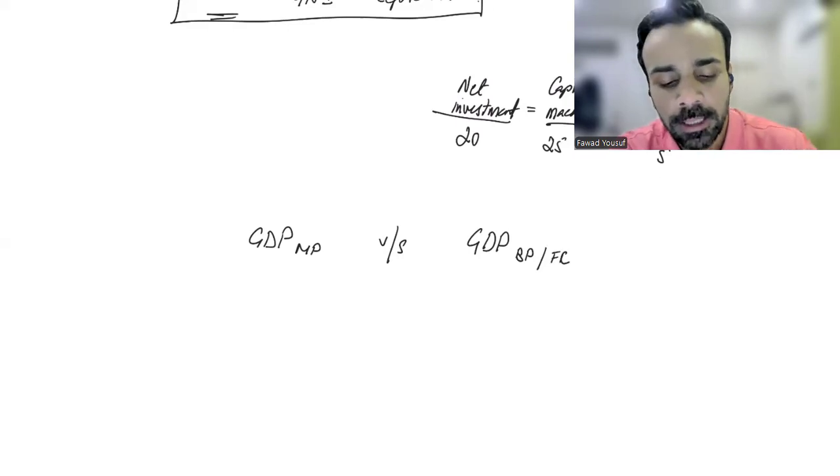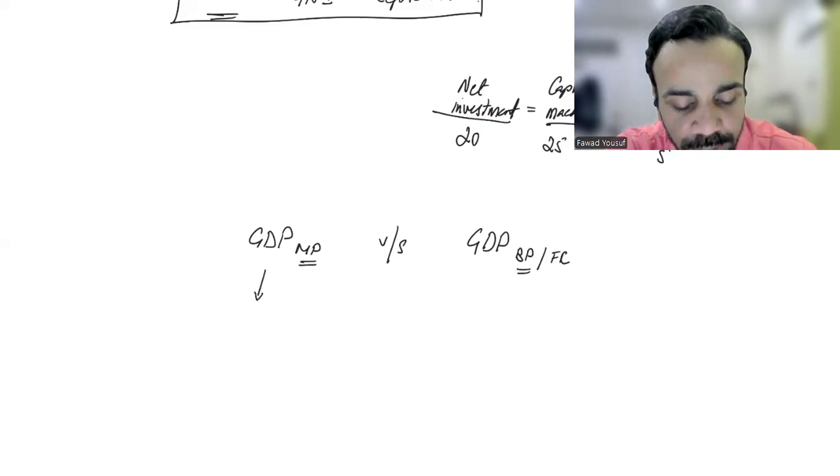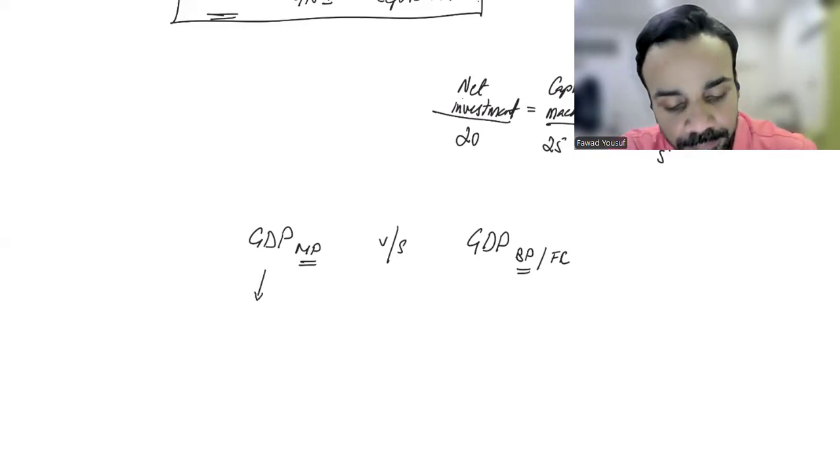But just remember, there are only two things. One is market price, and the other one can be basic prices. What is the idea? The thing is, when we are calculating GDP, let me repeat.